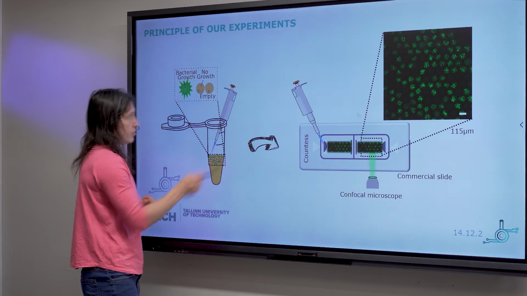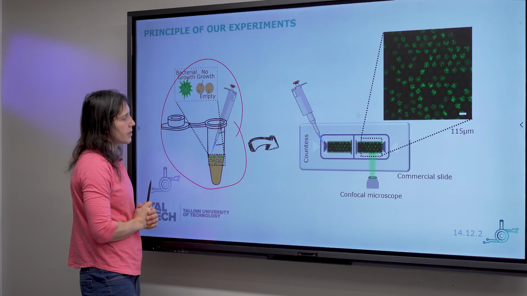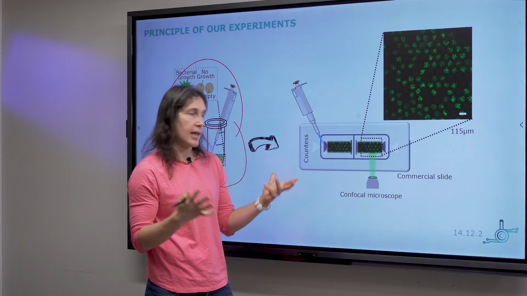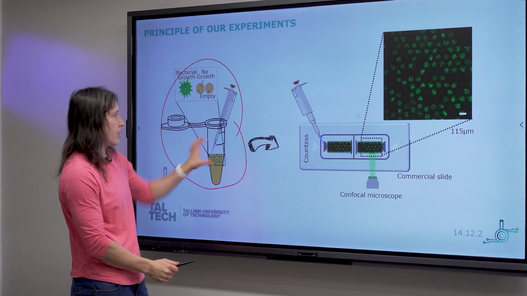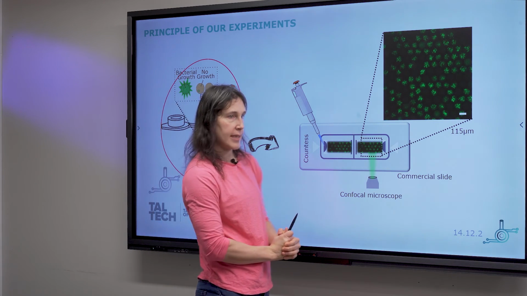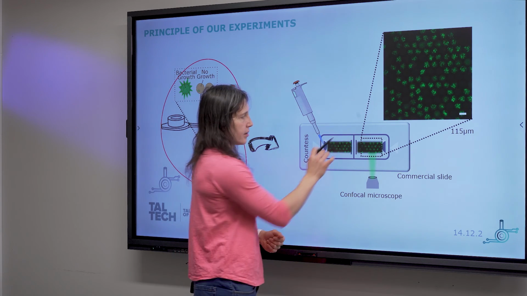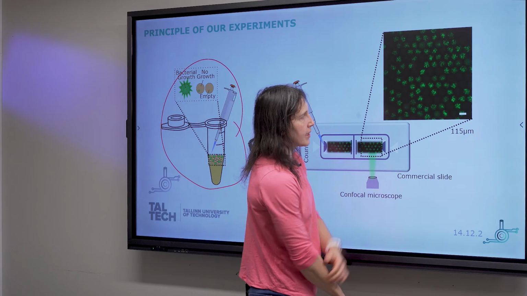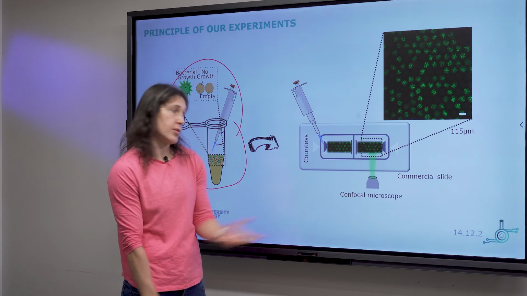So after we have this incubation period, we have our bacteria here. And then what we do is analyze our droplets. We pipette our droplets from a test tube into a commercial slide. And when we put them here, they distribute nicely, creating a monolayer. Then you can use different microscopes.